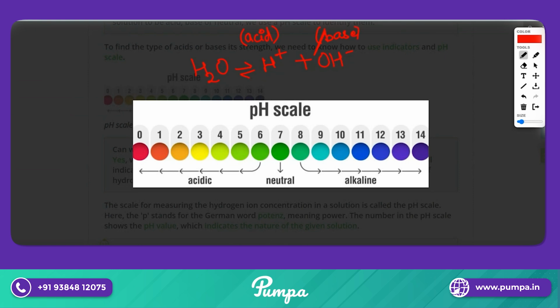So you can see equal amounts of acidic ions and basic ions are present. So that is what we call neutral. Here, neutral means the same concentration of H plus and OH minus ions, which is perfectly balanced. So we can call this a neutral solution.